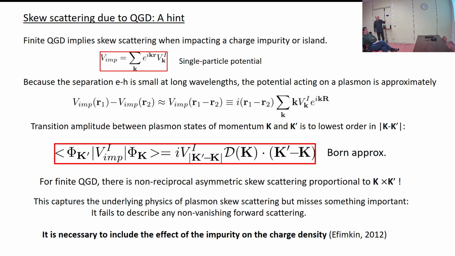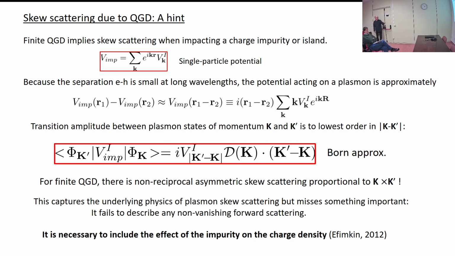There's a hint for this possibility if you look at the most simple-minded way of thinking about what scattering does. That is to look at an impurity that's small compared to the size of the dipole moment of your plasmon, so that you can make a very simple approximation for the impurity potential. Then we have wave functions for our plasmons, and we can carry out a Born approximation to look at the scattering by that potential from one momentum to another.